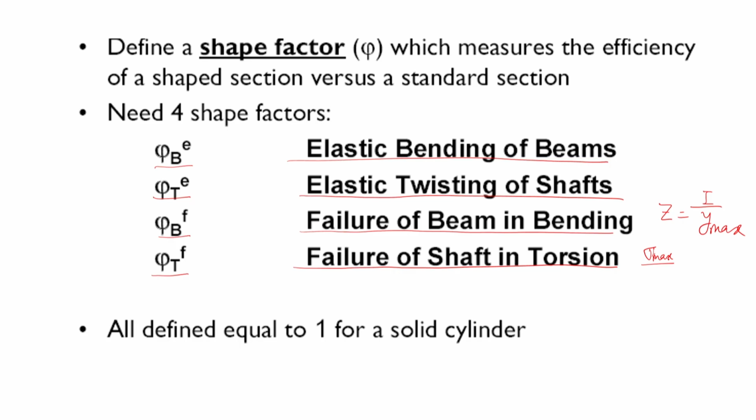So, M by I equals sigma max by y max. That means the maximum stress sigma max is actually M y max divided by I. And that means this is M divided by Z, and this section modulus is different from simple I, and that is why you need a different factor for the strength.